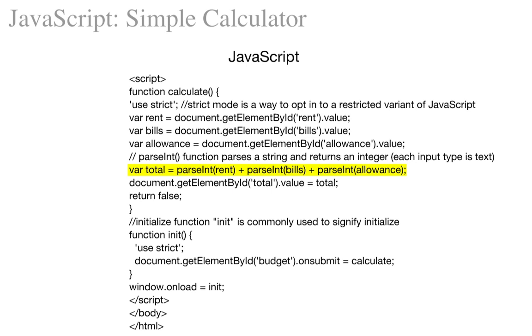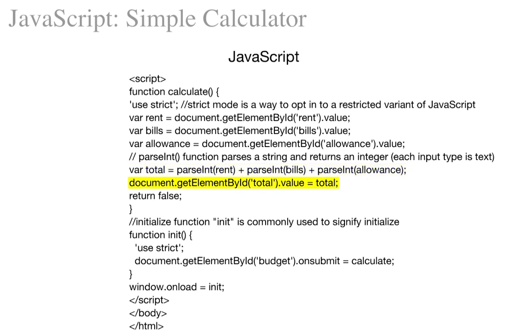The fourth variable is named total, and for its value, I use the parseInt JavaScript function to take the text strings from the form inputs and turn them into integer type variables, so that they may become numbers that can be added. I add all 3 values for the total value.